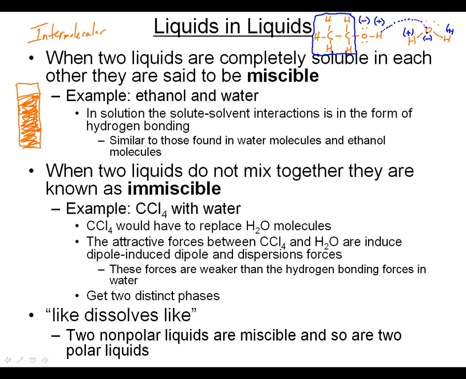Now, if we take two liquids and they really don't mix together, if you want to think about it, insoluble in each other, they are said to be immiscible in each other. Get that word right there. So when two liquids really don't mix, they're said to be immiscible in each other.